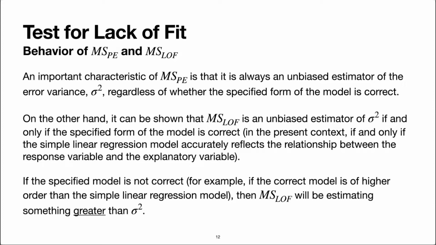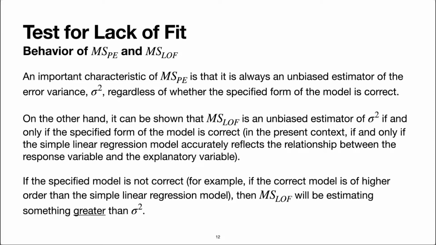It only depends on the mean of the response at given values of the explanatory variable where there is replication. So it's model independent, and that's why it's always going to be an unbiased estimator of the error variance.